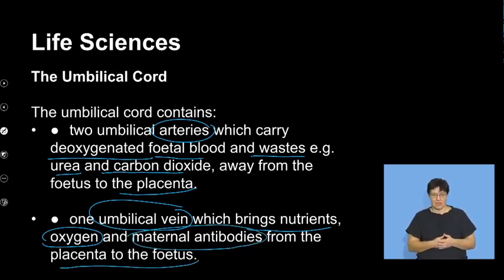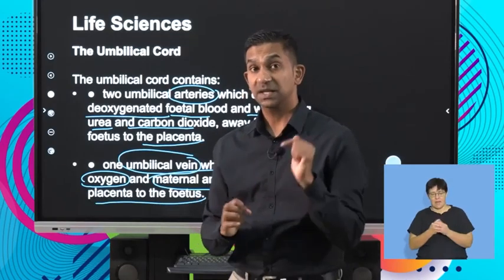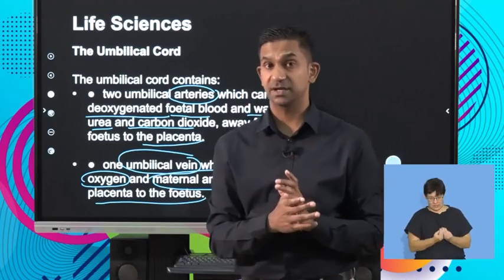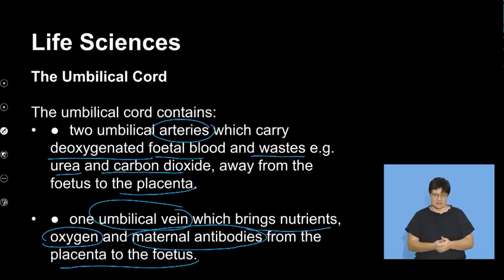So we see that you've got two umbilical arteries, my apologies, and you've got a single umbilical vein that allow for the exchange of nutrients as well as the exchange of waste products between the maternal blood supply and the fetal blood supply.